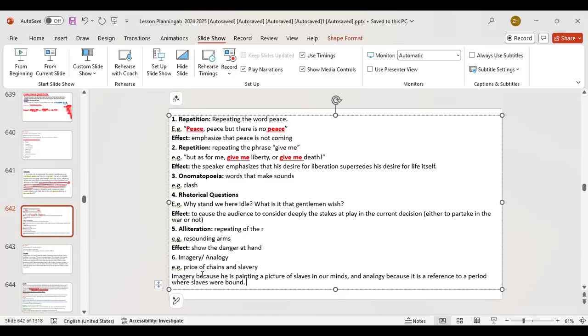I wouldn't say it's a reference to a period, it's a reference to the occurrence. Or a reference to the severe condition in which bound slaves were subjected.